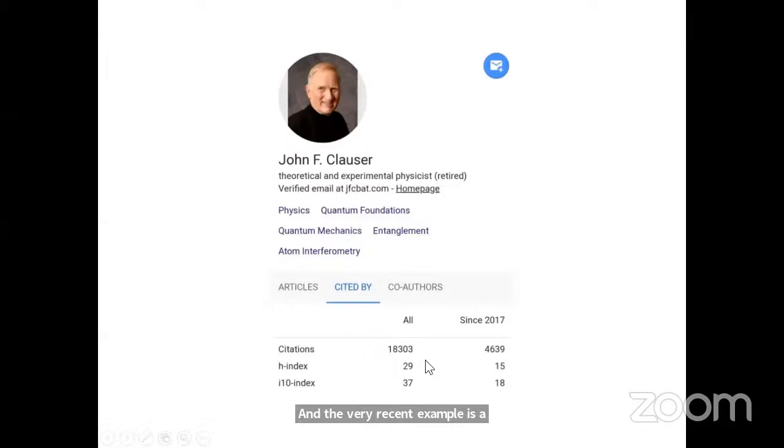It is the lowest at present among all the Nobel laureates who have received the Nobel Prize. But still, his contribution was so significant that he has been awarded the Nobel. And therefore, H index is not the sole criterion for deciding a person's academic contribution. Okay, let's proceed further.